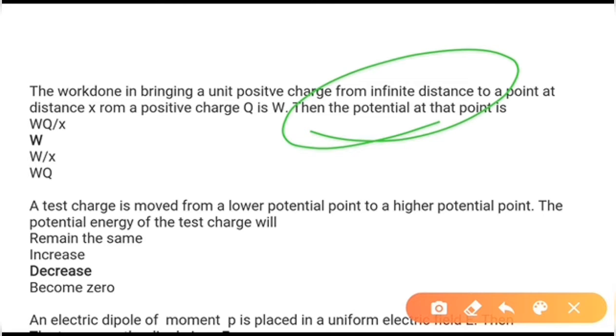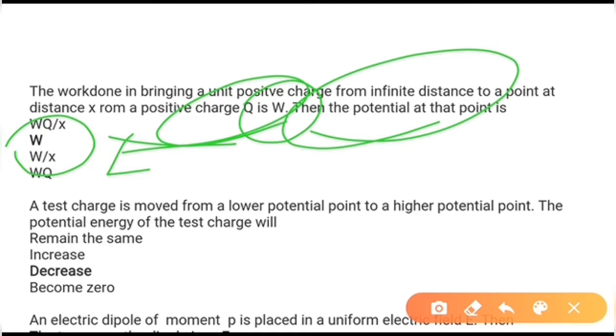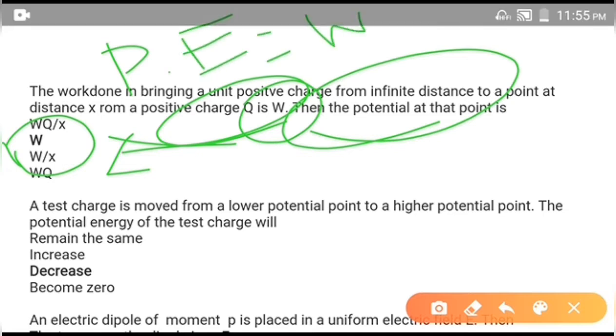So the work done W is the potential at that point. If you take a unit positive charge, then the work done is called potential, or potential energy equal to W by Q.